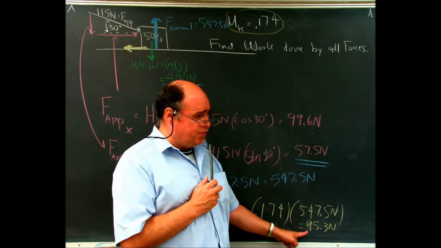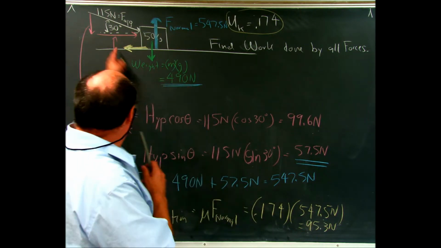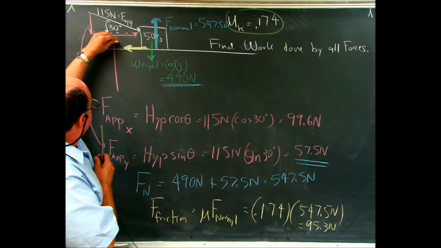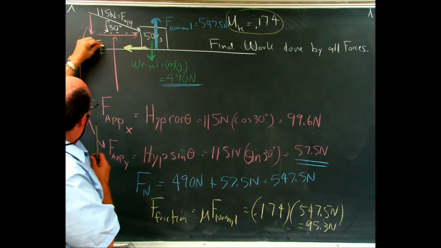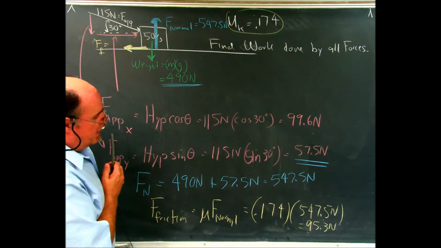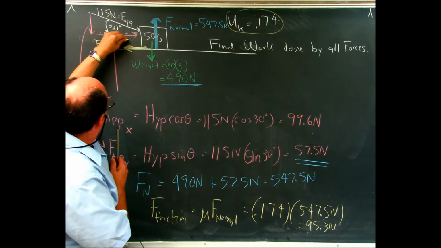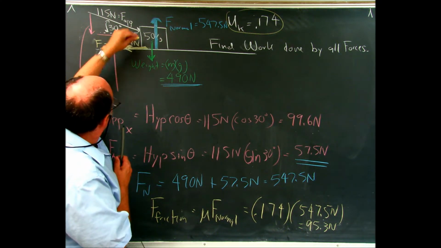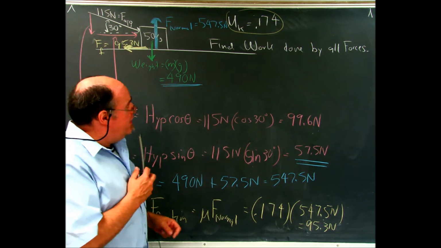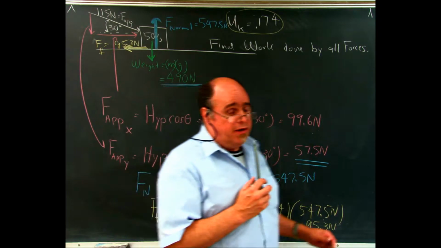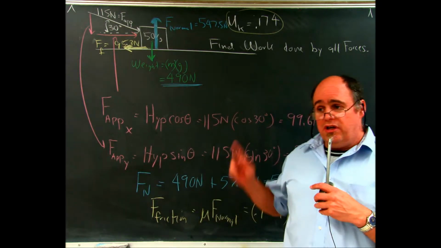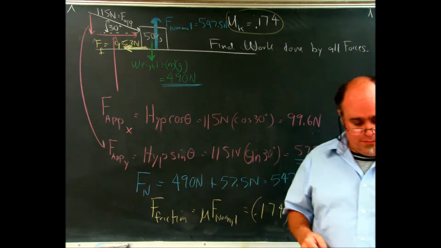So there's my force of friction right there, and I can put that into the picture. The force of friction equals 95.3. So now I have all the forces that could possibly exist in this picture, and now I could go and calculate how much work is being done by each of these individual forces.